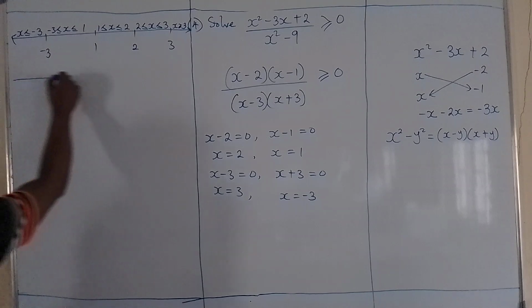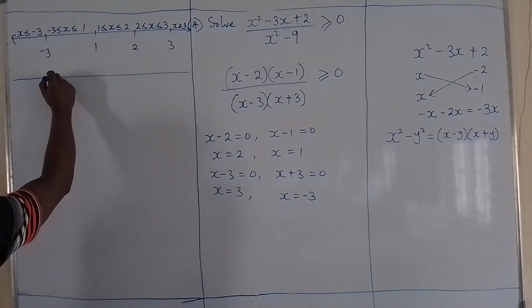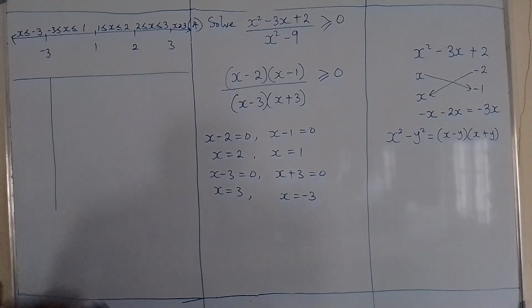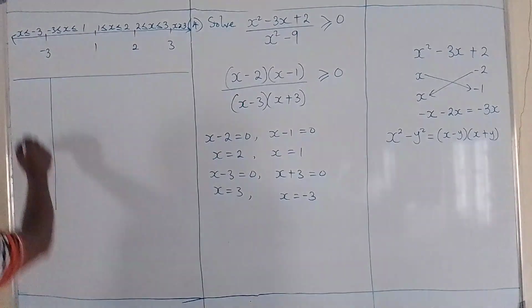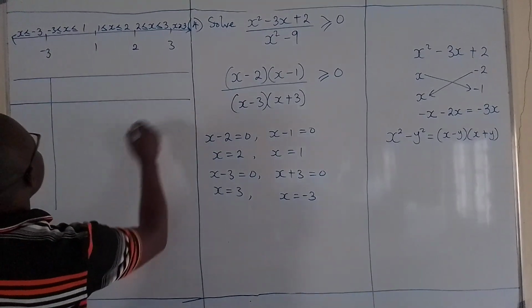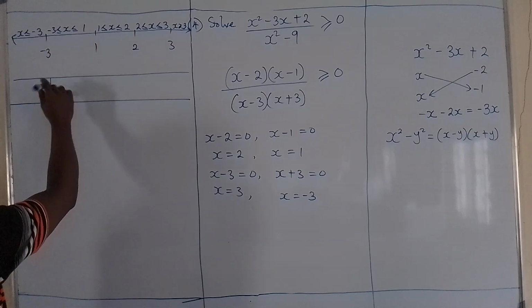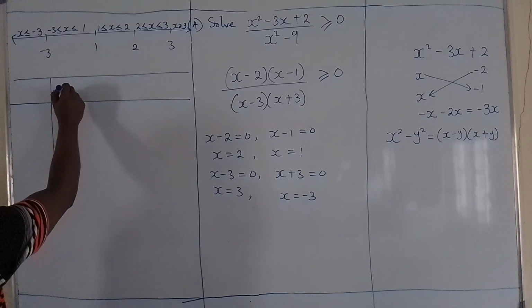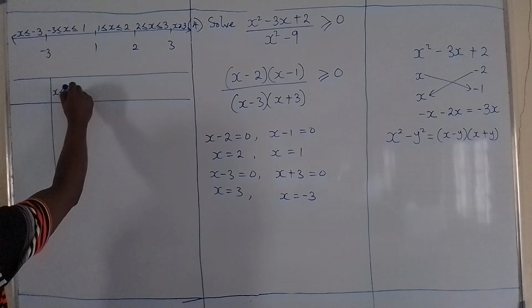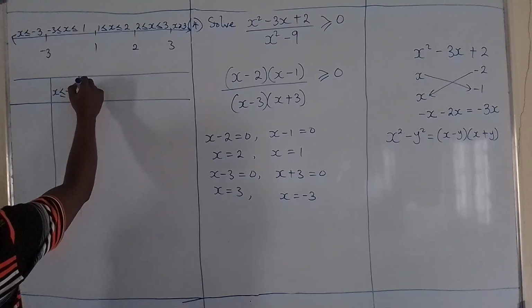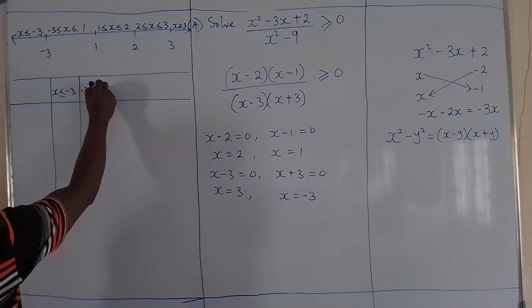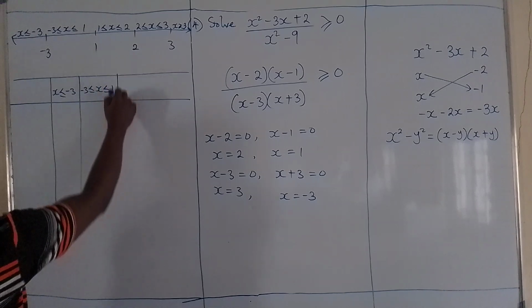So we prepare a table like this, for all the factors up and all the factors down. Our first consideration is x is less than or equal to minus 3. Another one is from minus 3 less than or equal to x less than or equal to 1.